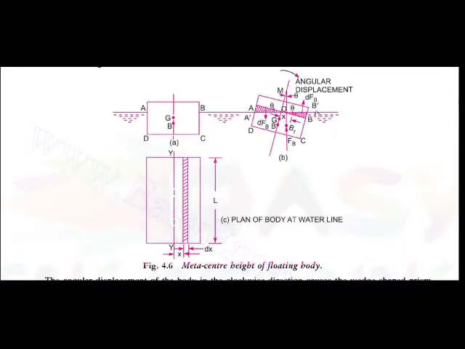In the figure, angle BOB dash is equal to angle AOA dash, and also equal to BMB1, and all of these are equal to theta.